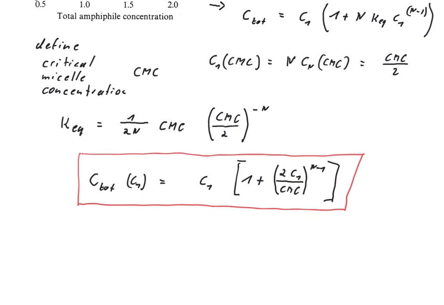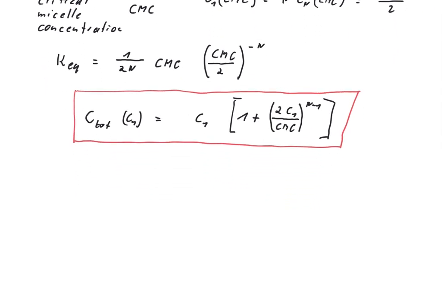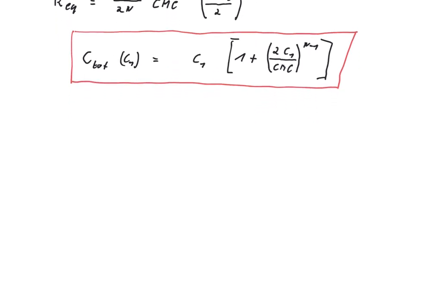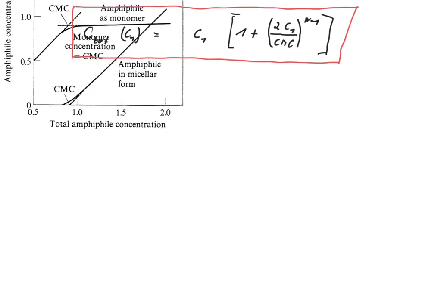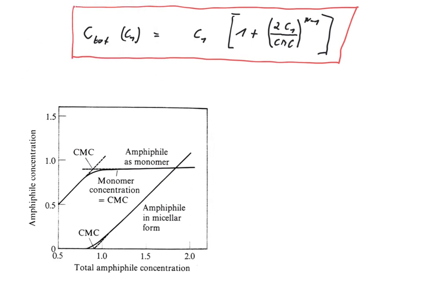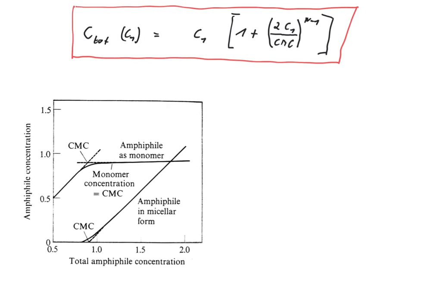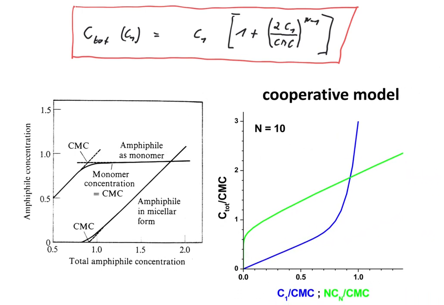Now in this graph I show how the total CMC concentration, C total, depends on either the monomer concentration, C1 divided by CMC, or by the total amphiphile concentration in micelles, n times n Cn.